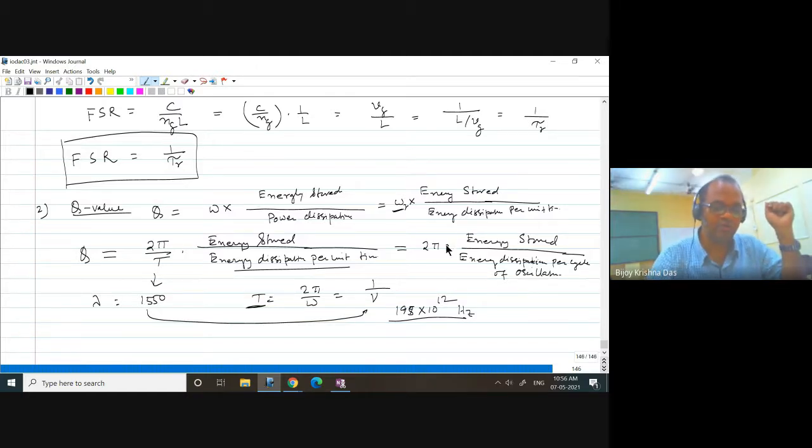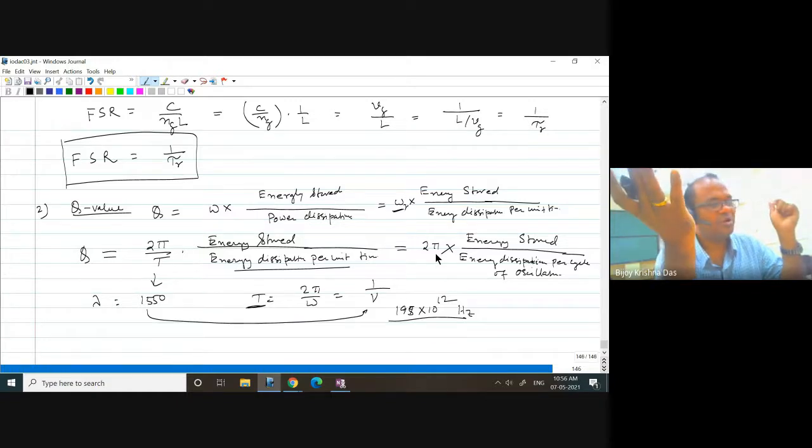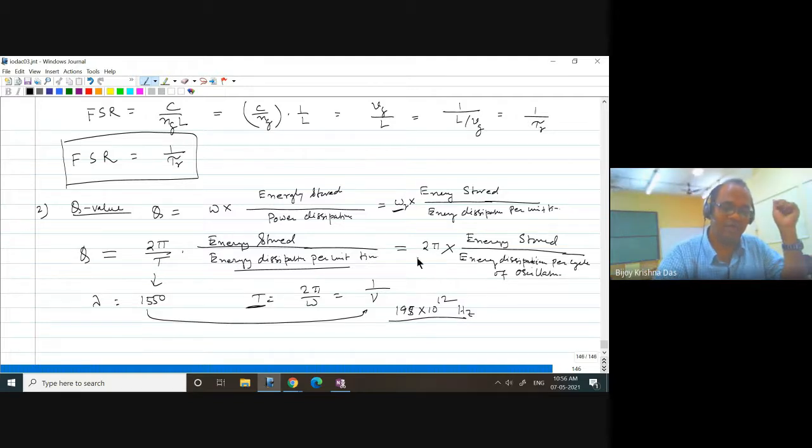And this 2 pi is just a scaling factor. It comes all the time when changing from frequency domain to time domain in a Fourier transform, where the ratio is 2 pi. Ultimately, you are using the Q value to quantify how good the cavity is at storing energy.